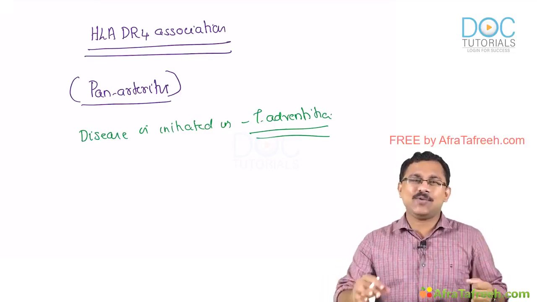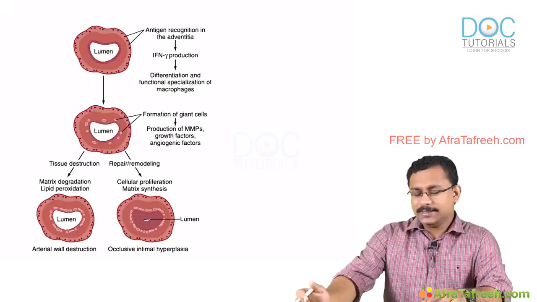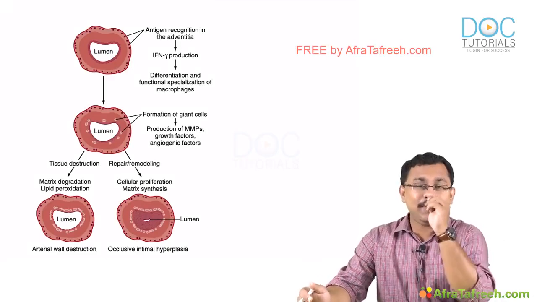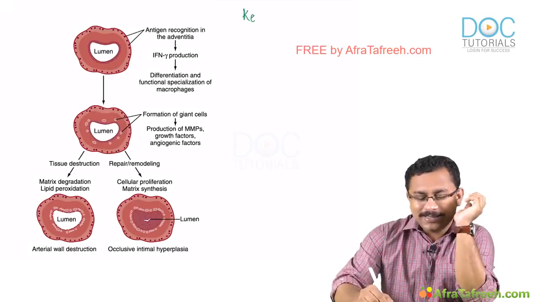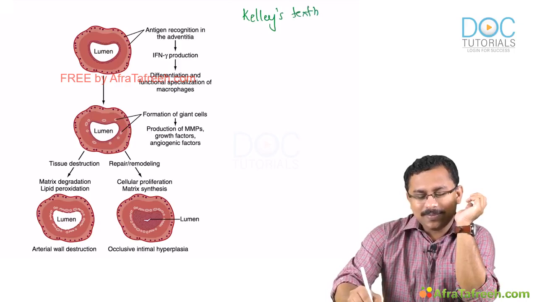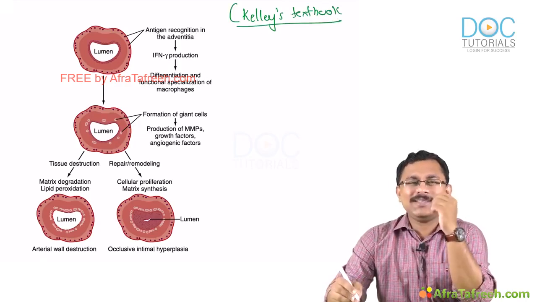So let's actually see what happens in this disorder with a simple diagram. Most of the pictures that I will be showing you in this particular module have been taken from Kelley's textbook of rheumatology. So in case anybody is interested, you can read Kelley's textbook of rheumatology. It is actually the standard book of rheumatology.